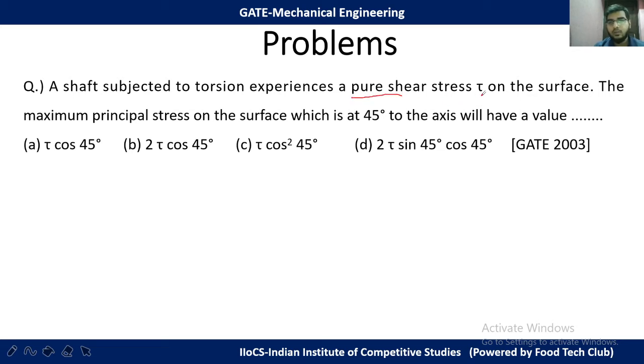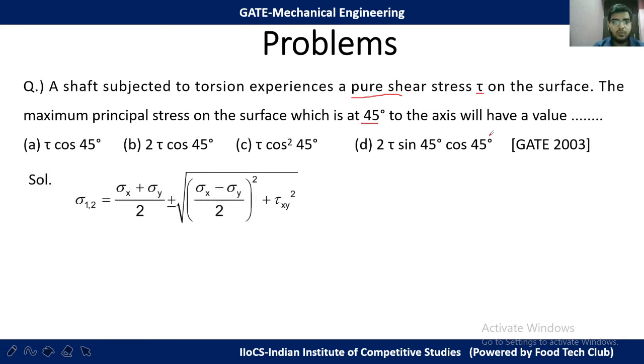There is no axial stress, no tensile or compressive stress. Only shear stress of magnitude tau acts. We have to determine the maximum principal stress at the surface, which is at 45 degrees to the axis. So theta here is 45 degrees, and four options are given. This is a GATE question.